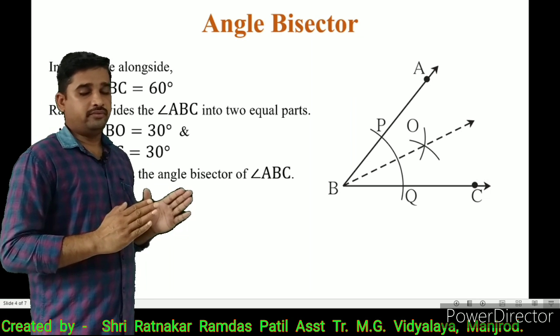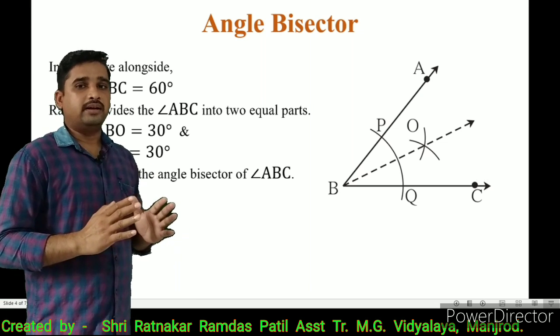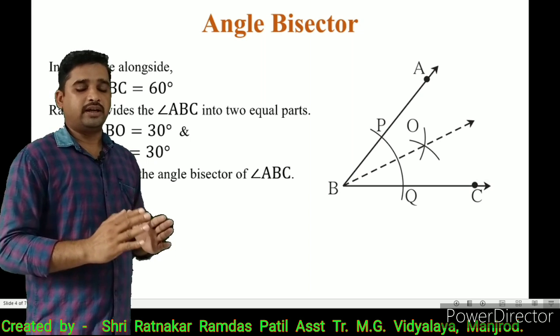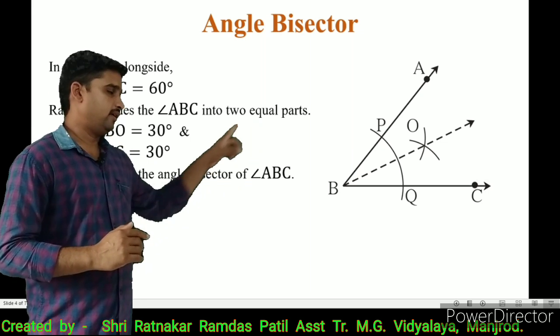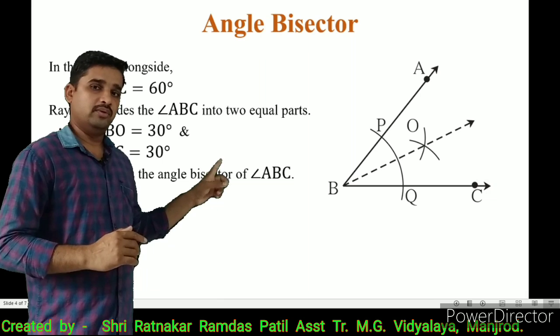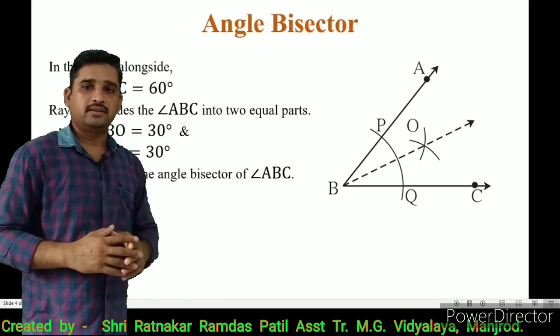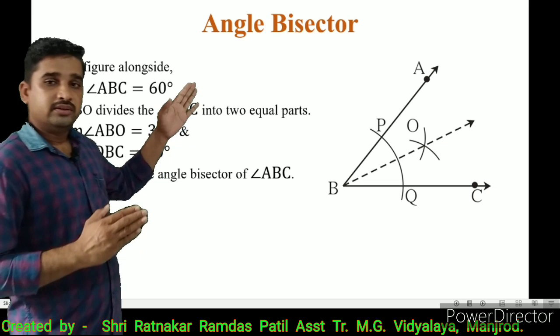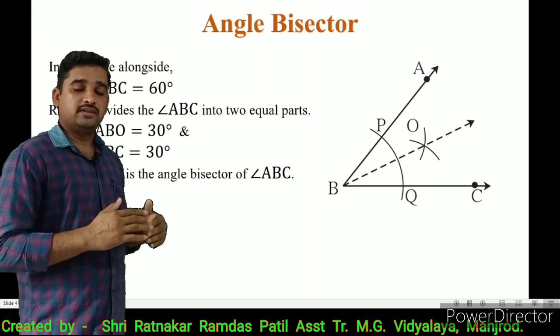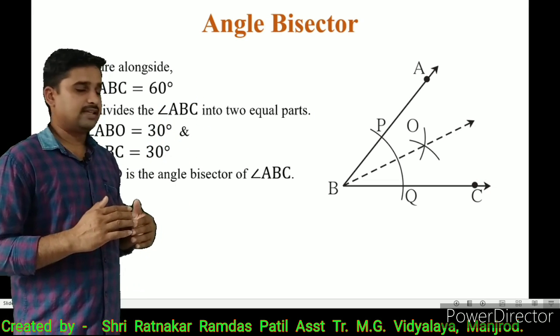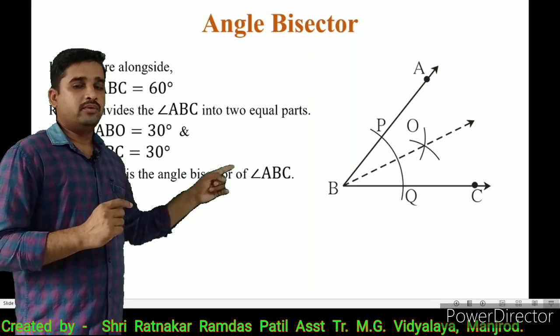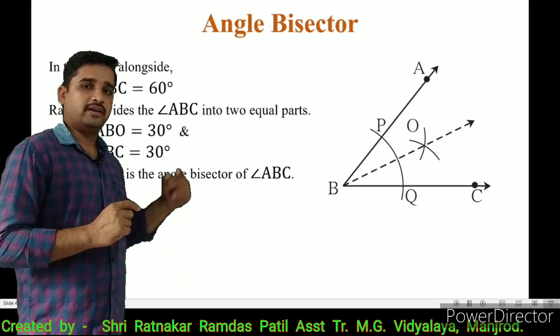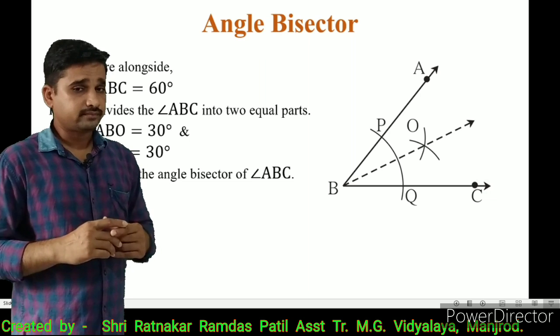Thus we can say ray BO is the angle bisector of angle ABC.